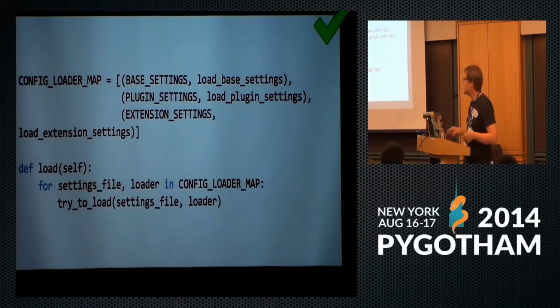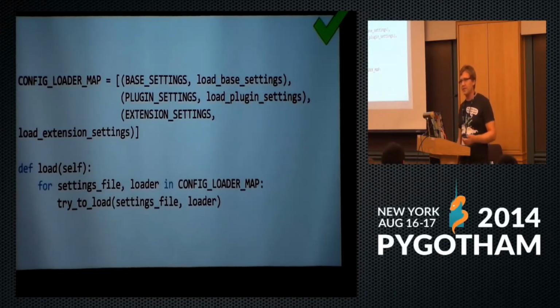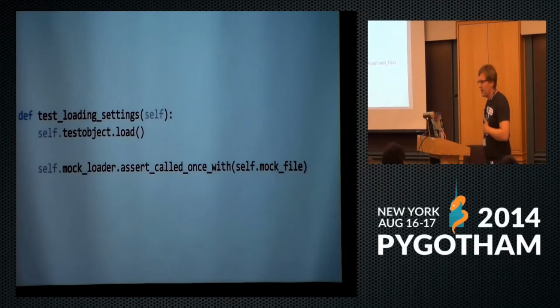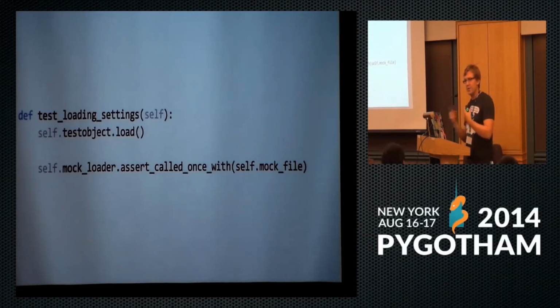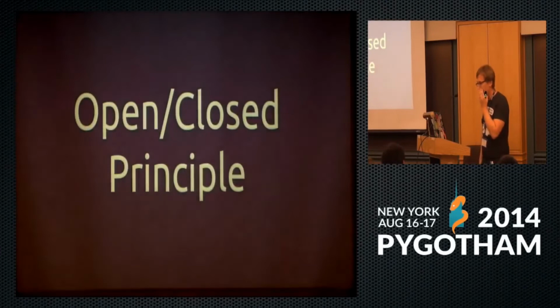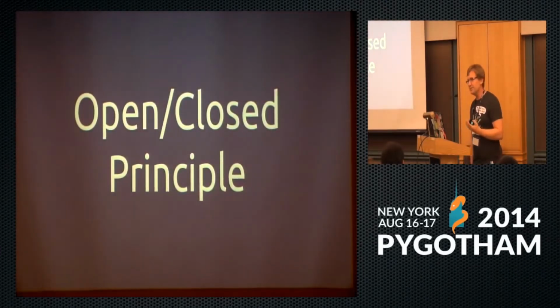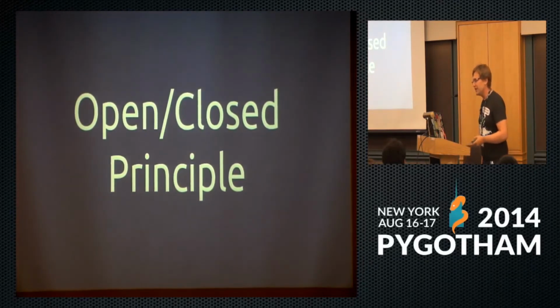Now this load function is completely agnostic to the code around it. I can add more and more loaders without having to rewrite this function. And testing it is dead simple because all I have to do is run the load function and see, is it actually picking up my configuration? So that's the open-closed principle, just writing code so that it doesn't have to be rewritten again and again.